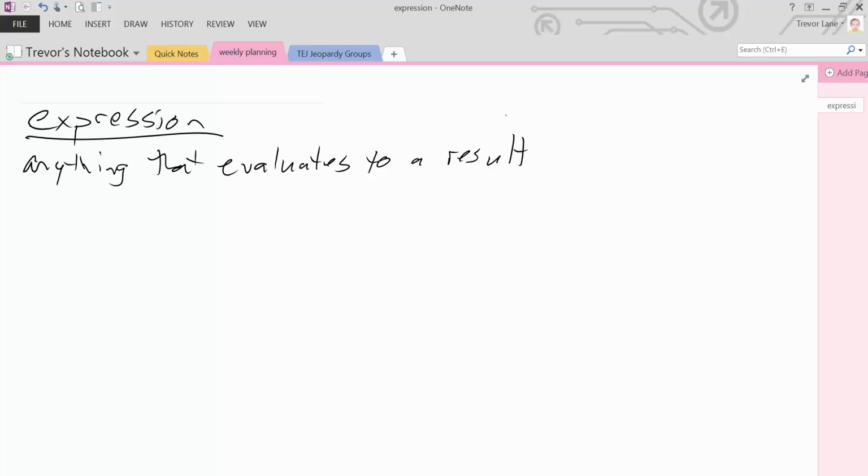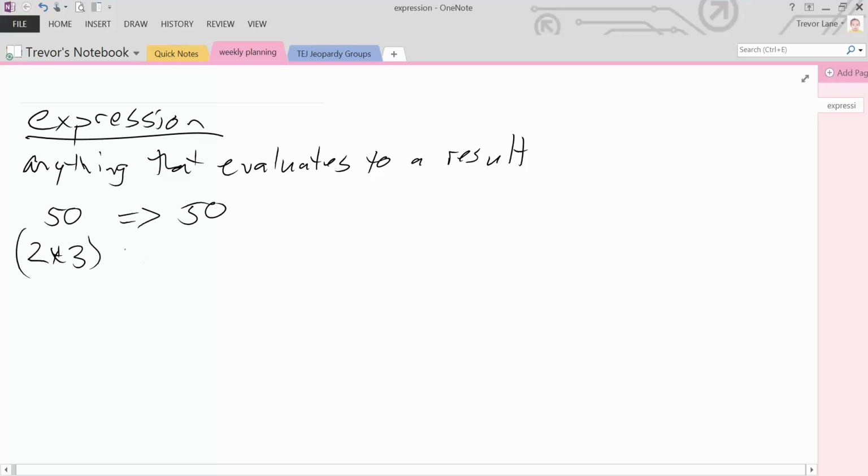So we have an expression, anything that evaluates to a result. So it might be something like this, 50. Well, 50 evaluates to 50. That is a result. We might have 2 times 3. That evaluates to the value of 6. We might have Mr. plus Lane.